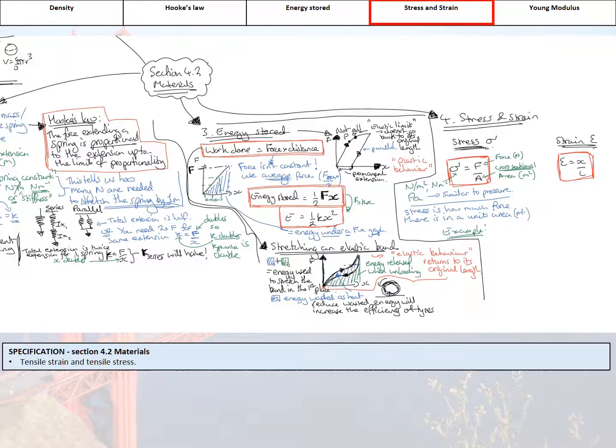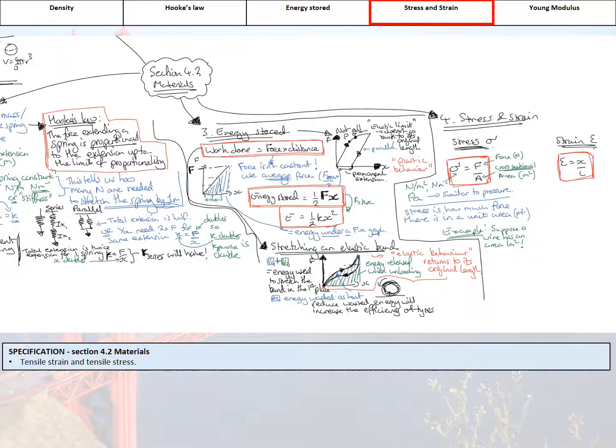So, supposing we had a wire that has an area of 1 metre squared. That is huge. 1 metre by 1 metre, imagine that kind of area.